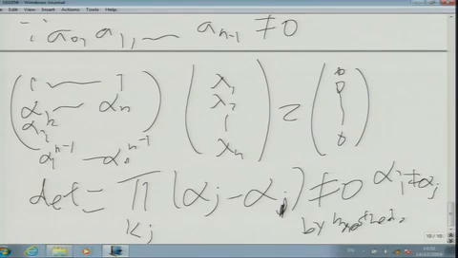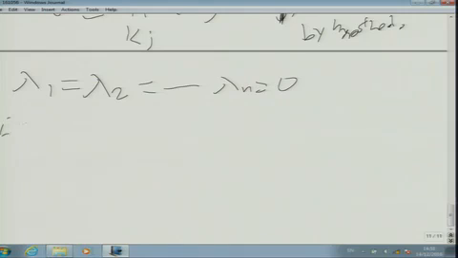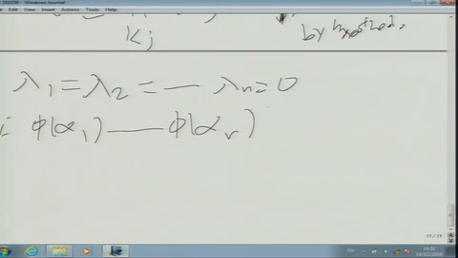So therefore the system has only the trivial solution, which is lambda 1, lambda 2 to lambda n all equal to 0.